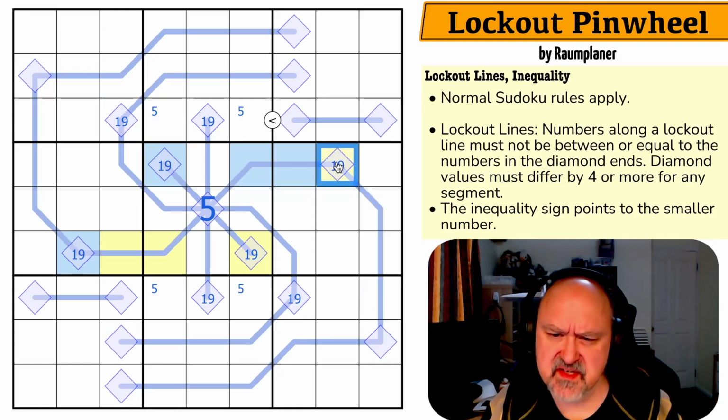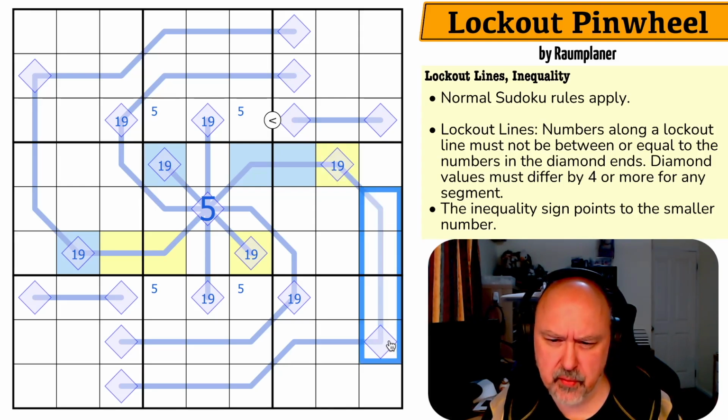Because if this is a 1, I would be able to put 9, 8, 7 here, and this could still be a 6. I couldn't put the 9 there, but I could put the 9 there or there, and this still could be a blue. Like if this was a 1 low, these all could be blue.